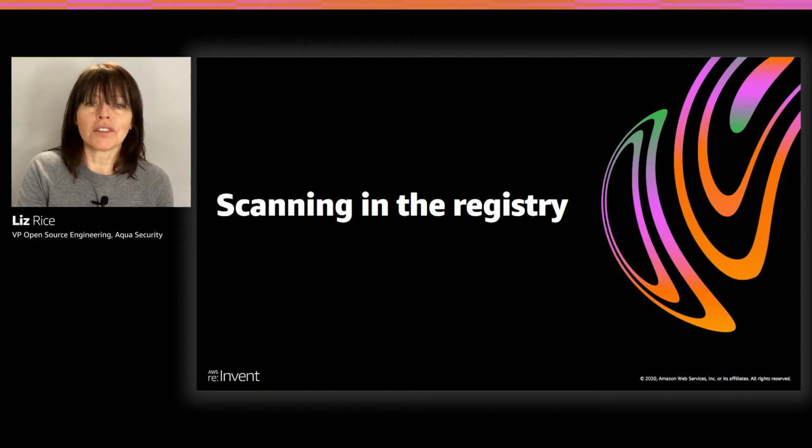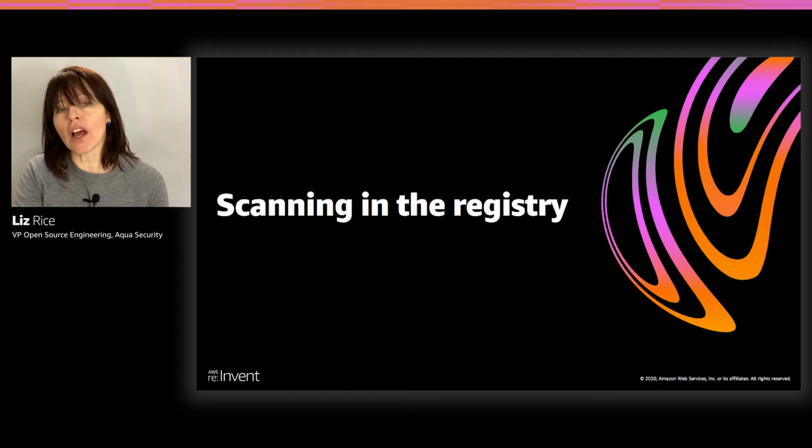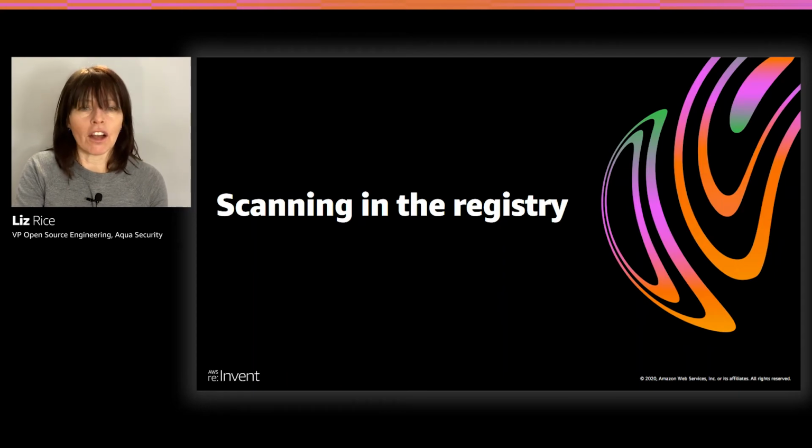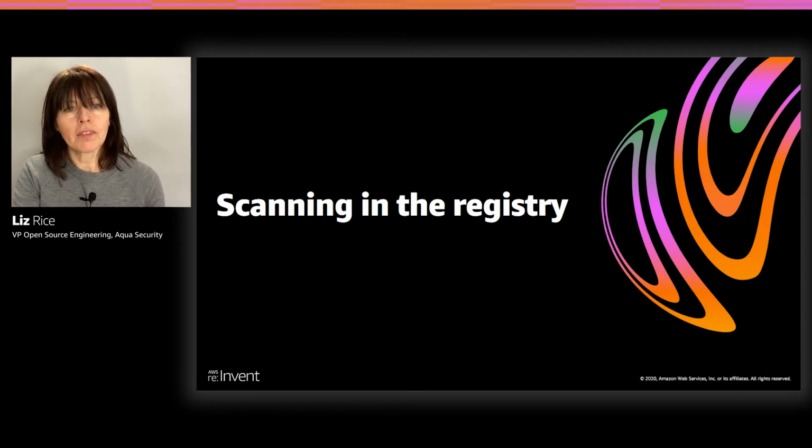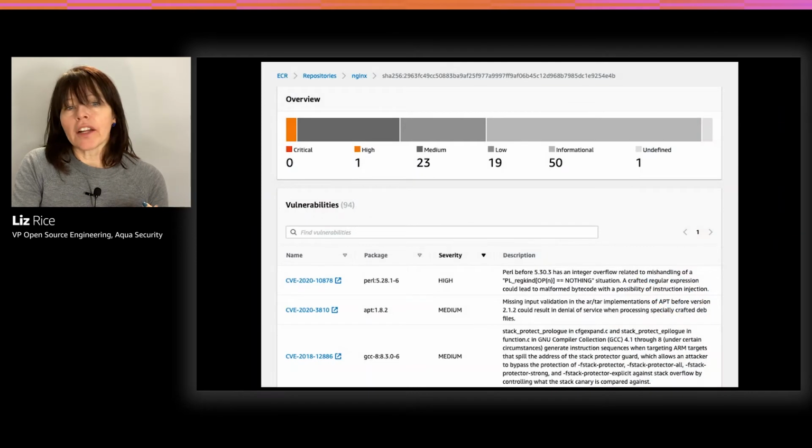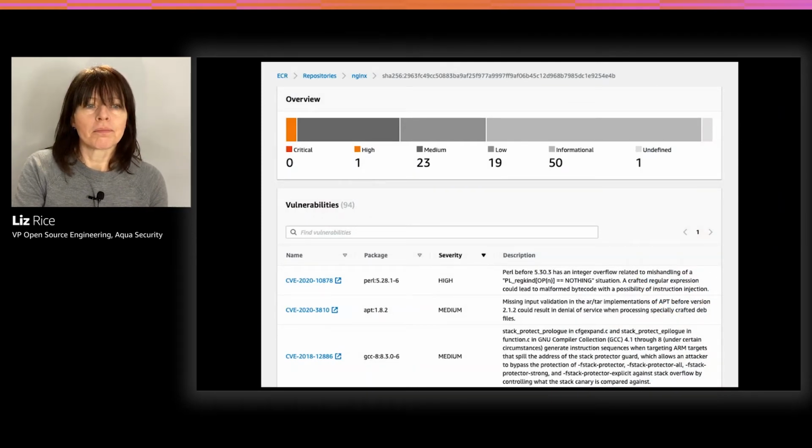It's as simple as flicking a switch for the image repository. There are also commercial container scanner solutions that will integrate into ECR and other registries out of the box. And you'll get a nice report like this in the console showing you the vulnerabilities.